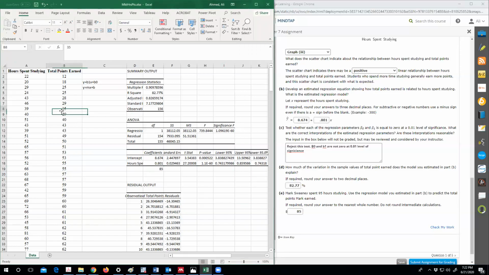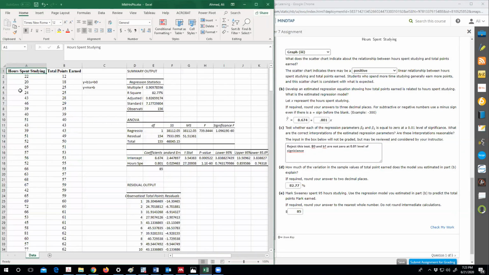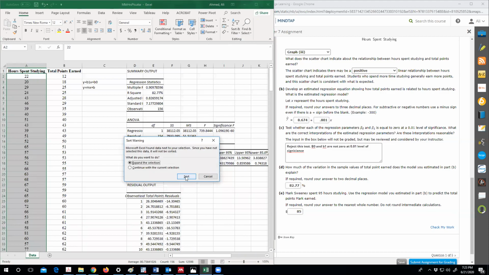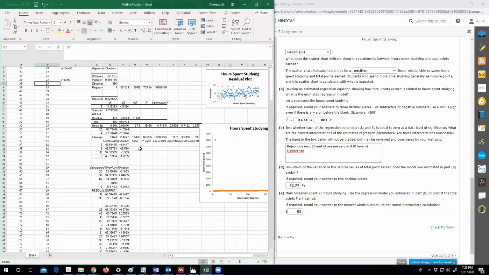So if you see this, maybe there is 95. I'm going to sort this. Everything is messed up here because they're all in the rows, but I'm just trying to sort it.